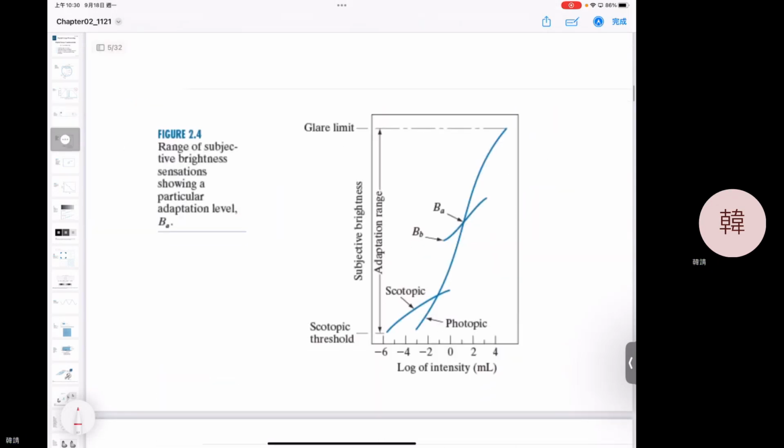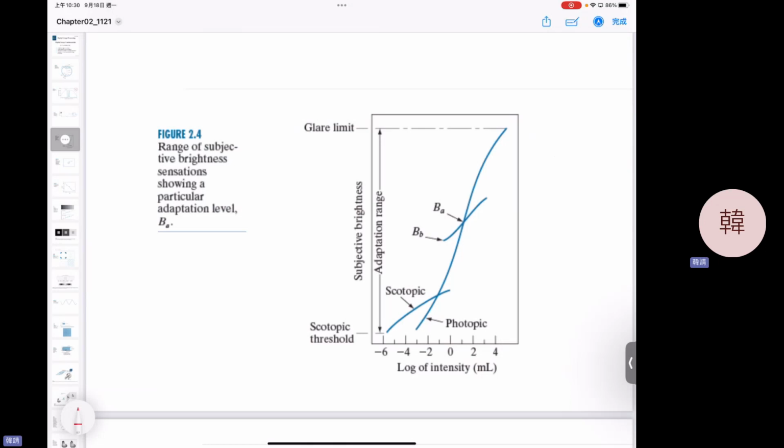Okay, so let's look at this brightness. Is that linear in your eyes for the human vision? So now we know we have two different types of receptor. One is cone for the bright vision. The other is a rod for the thin vision.